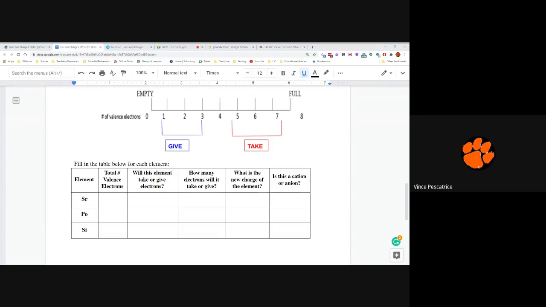All right, next up we have polonium. Polonium had 6 valence electrons, so I'm going to put a 6. Since it's closer to 8, it's in the take side down here, so it's going to take.